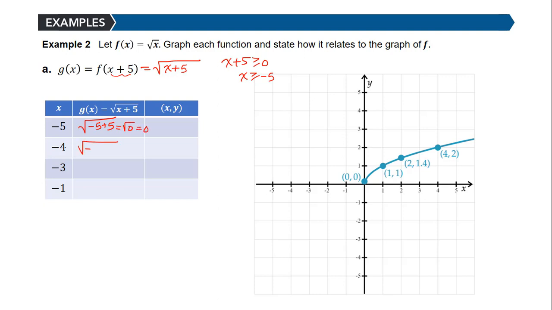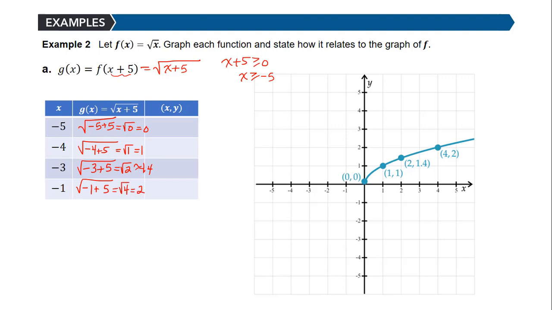Plugging in -4, the square root of -4 plus 5 is the square root of 1, or 1. If I plug in -3, the square root of -3 plus 5 is the square root of 2, which is about 1.4. And then the square root of -1 plus 5 is the square root of 4, which is 2.